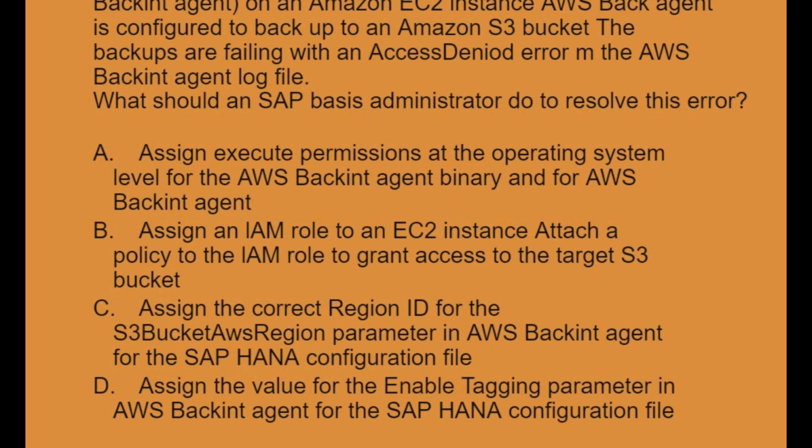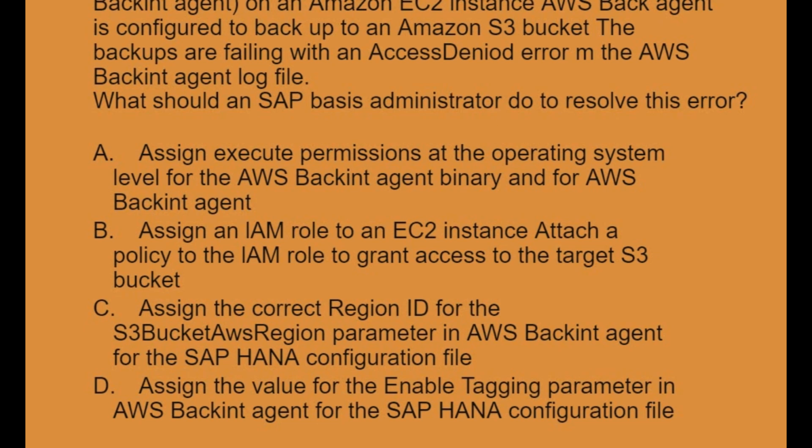Option A, assign execute permissions at the operating system level for the AWS backint agent binary and for AWS backint agent. Option B. Assign an IAM role to an EC2 instance. Attach a policy to the IAM role to grant access to the target S3 bucket.